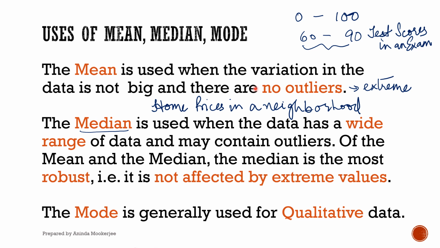We cannot perform mathematical operations for qualitative data. We can only create frequency tables and see how often a certain categorical value occurs in the data set.